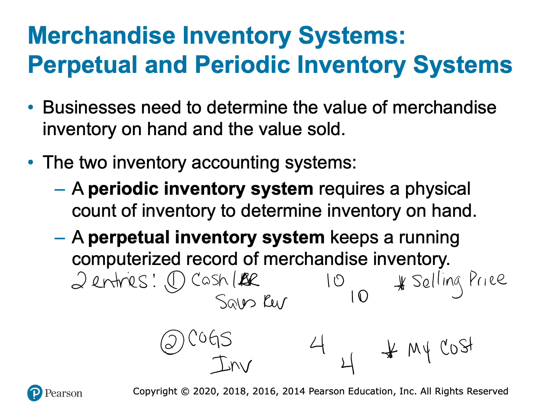And the first entry is always for the selling price. So every time I make a sale, I'm going to do these exact same two entries. In fact, nothing ever changes other than the amounts, obviously, except I have to determine, did the customer pay cash or did they buy on account? That's the only thing that's going to change, and then of course the amounts will change.